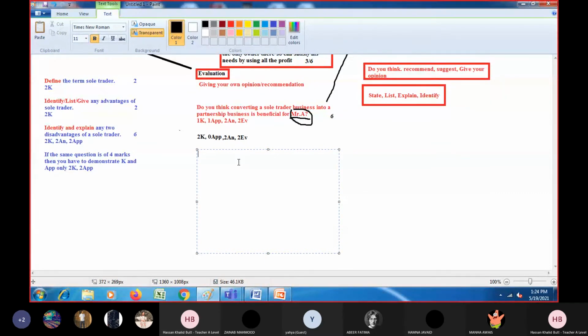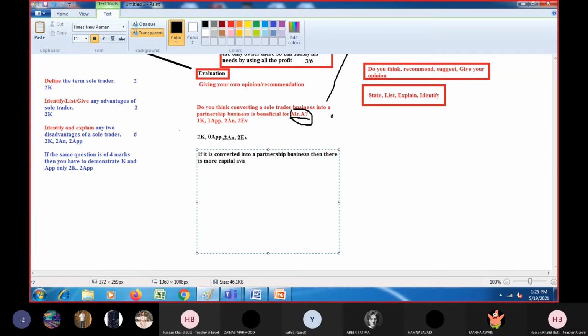So I'm writing that if it is converted into a partnership business, then there is more capital available.